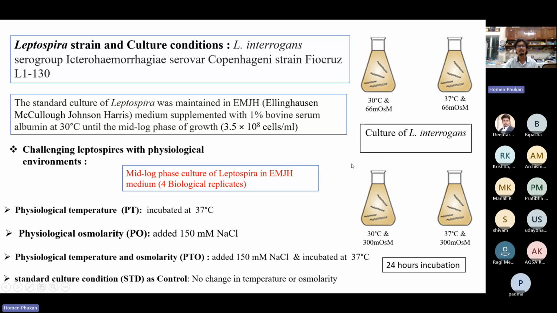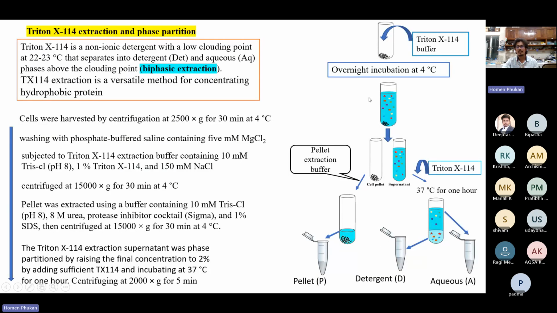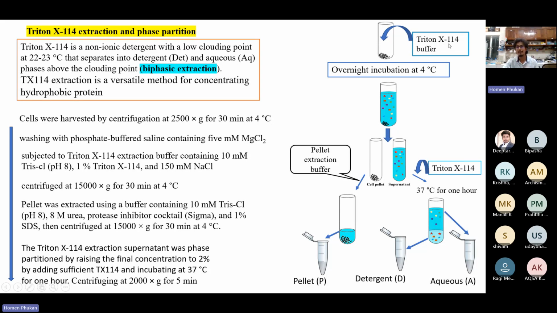Let me explain a little bit about this Triton X-114 fractionation for the Leptospira. After harvesting the cells, we used 1% Triton X-114 buffer. We gently mixed the cells with the extraction buffer, and we kept it overnight at 4 degrees centigrade. Further, we proceeded with centrifugation.